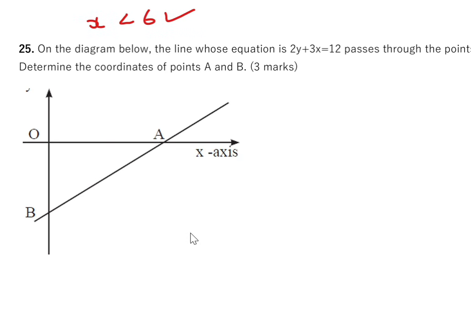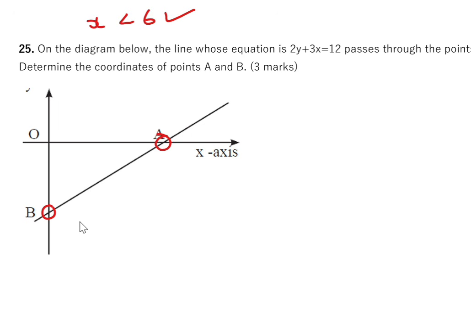Number 25. On the diagram below, the line whose equation is 2y plus 3x equals 12 passes through points A and B. Determine the coordinates of points A and B. So you can see B is cutting the y-axis and A is cutting the x-axis. So this is the x-axis, this is the y-axis. So to get the coordinate of A, you need to get the x-intercept.